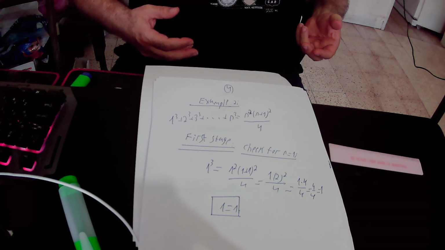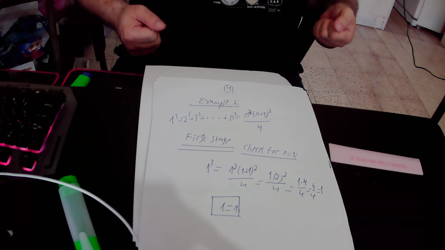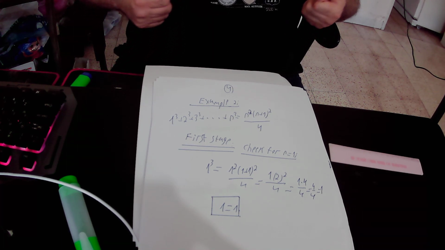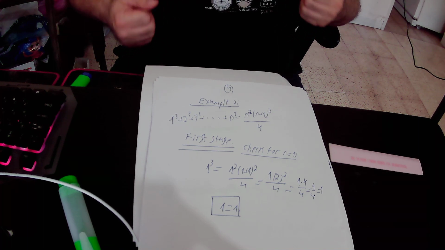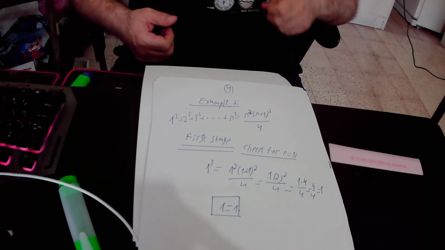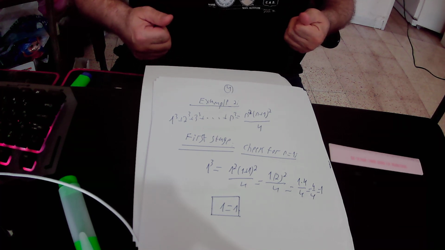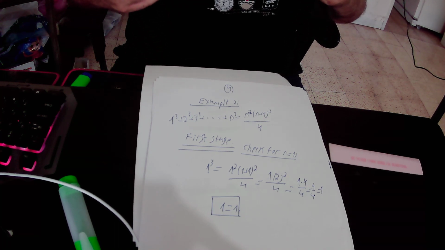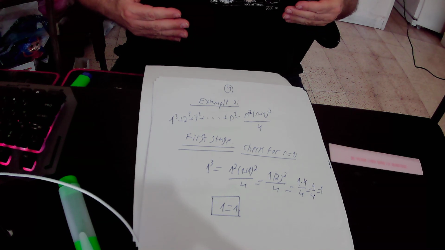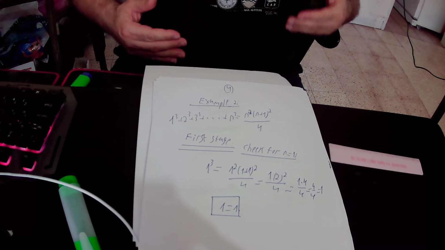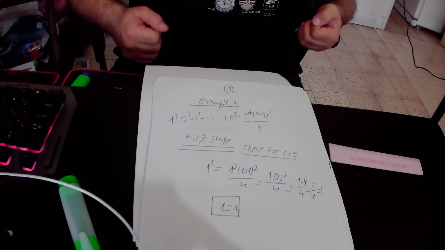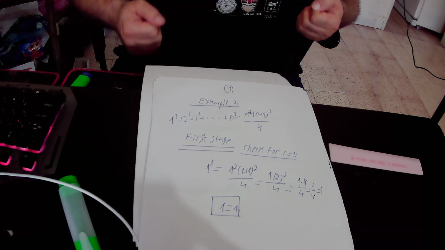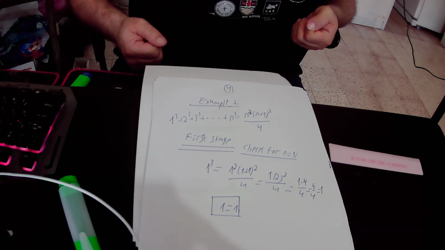That is to say, we will assume that the statement is true for n, and then we will prove it for n plus 1. So in this way we will create two equations. The first equation will be the induction hypothesis that the statement is true for n. So we will create the expression for n, and we'll assume that the statement is true. And when we rely on this assumption, we will prove that the statement is also true for n plus 1.